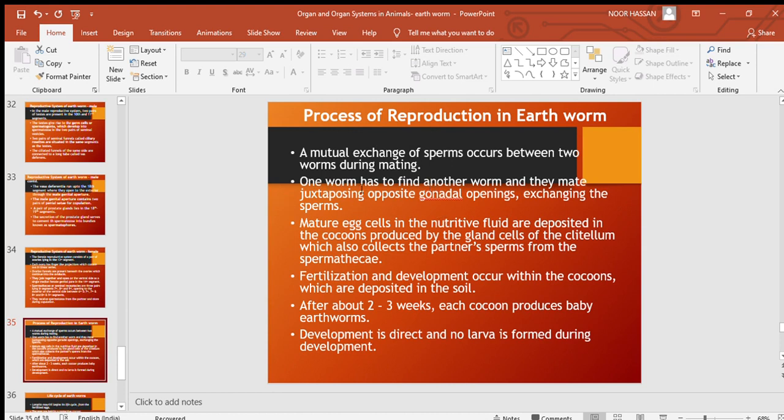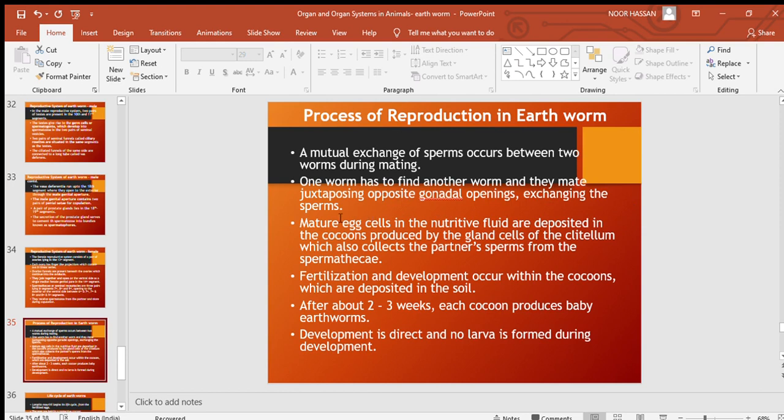One worm has to find another worm, and they mate juxtaposing opposite gonadal openings, exchanging the sperms. They lie in this position during mating, not head to head, but at the opposite side, so that the gonadal openings can meet and the exchange of sperms can take place.